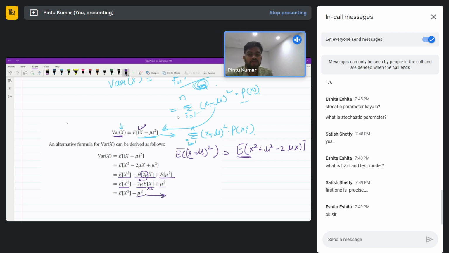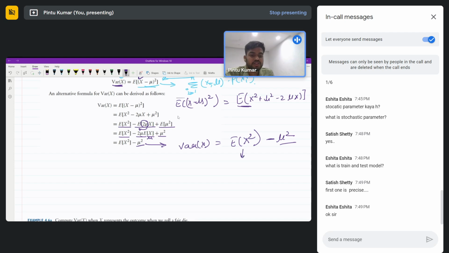You get an alternate formula for variance of x, which is expectation of x square minus mu square. How do you calculate the first part, expectation of x square? This is summation of xi square into probability of xi. In the mean, you used to do summation of xi p of xi. To calculate expectation of x square, you will do summation of xi square probability of xi.